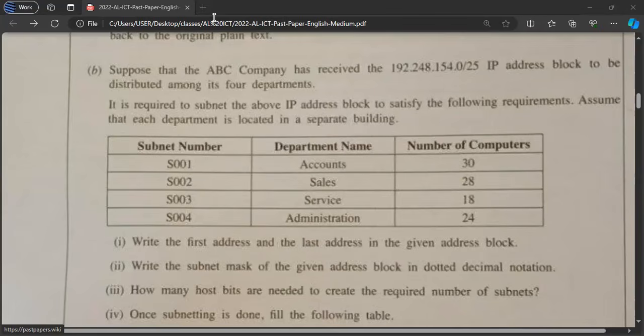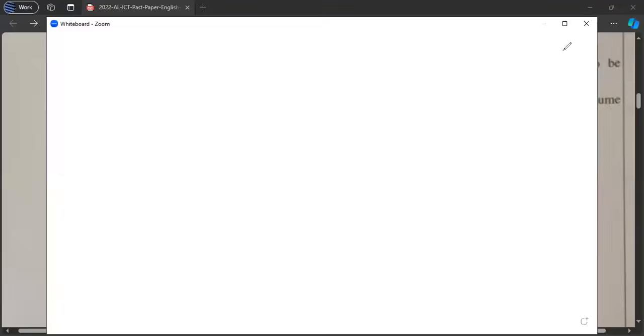So when it comes to this address block, we have 192.248.154.0/25. This is the IP address block that they have given.